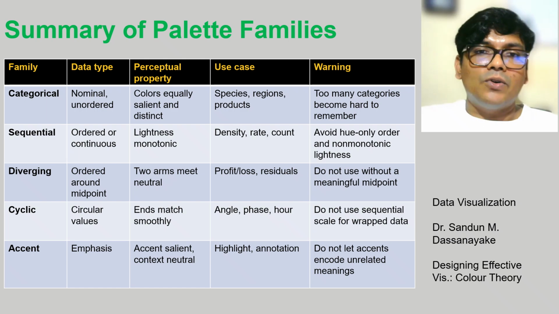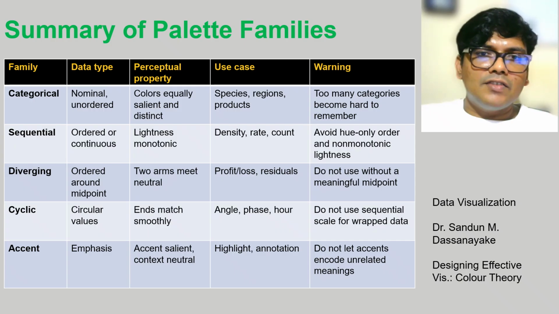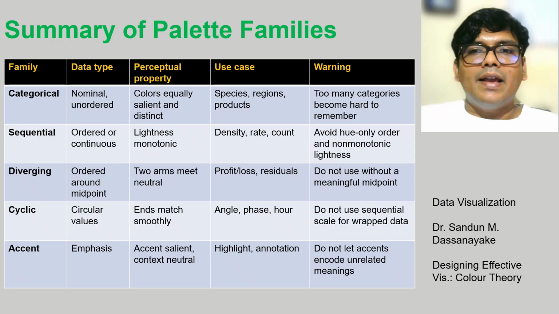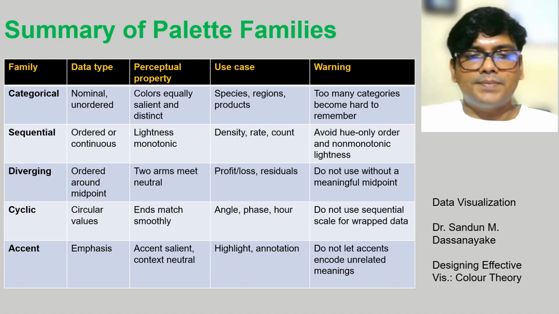Swapping cyclic for sequential creates a break in the data that simply doesn't exist. Reusing accent colors for different things confuses your reader because you have already promised them that color means something specific. Come back to this table whenever you are choosing a color palette. It's a quick sanity check that'll save you from the most common mistakes.